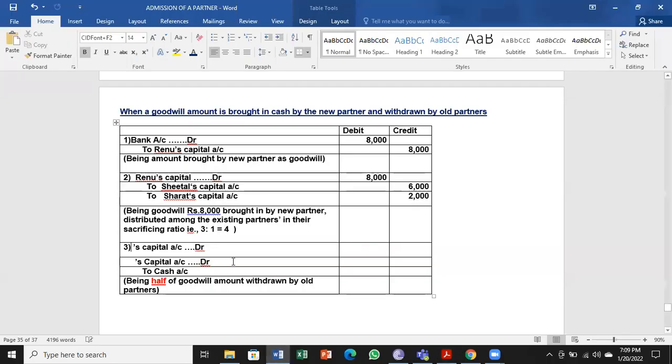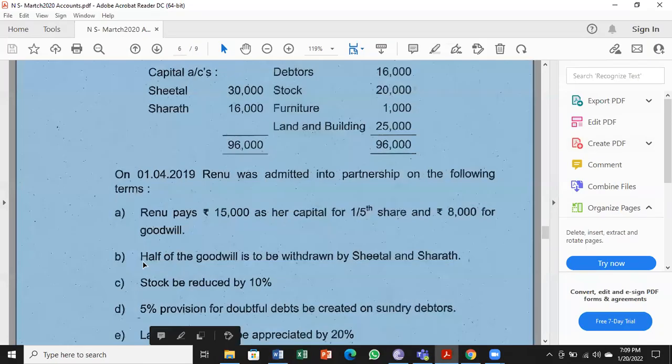So Sheetal's capital account debit, Sharat's capital account debit. Because we have here cash at bank, it is going to be to bank account. So remember half, not full. Half is the word here. You have to be careful.